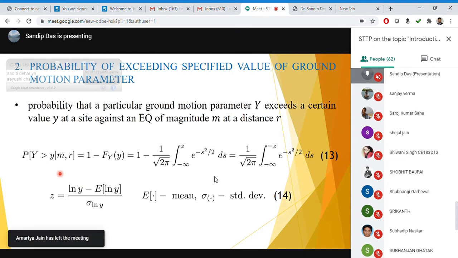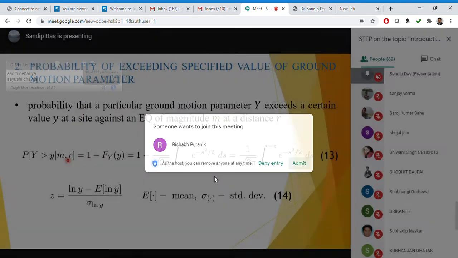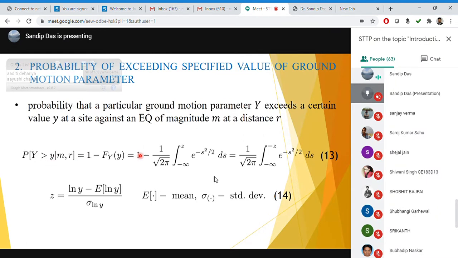I have to take a PGA value for design of a structure whose exceedance probability is very low, depending on the importance of the structure. But to get that answer, this is the first stage: the probability given my magnitude and distance. That answer you will get from your attenuation model.